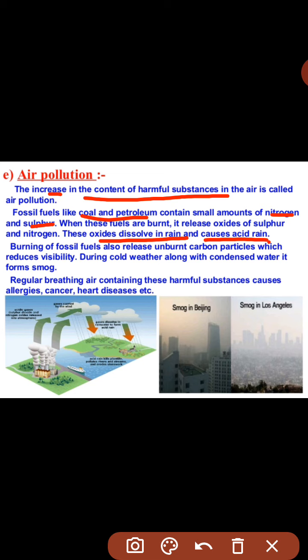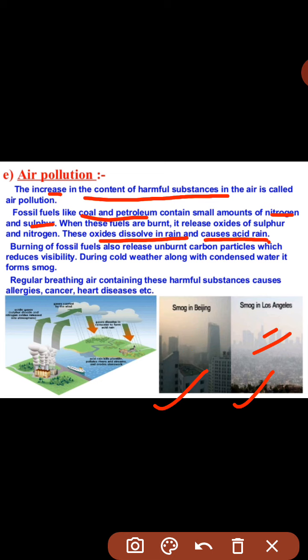Here you can see the smog in Beijing and smog in Los Angeles. The picture is not clear because of the burning of fossil fuels. When fossil fuels are burnt, carbon particles are released in the air, and due to this the visibility is poor. The visibility is not clear in the picture, right?